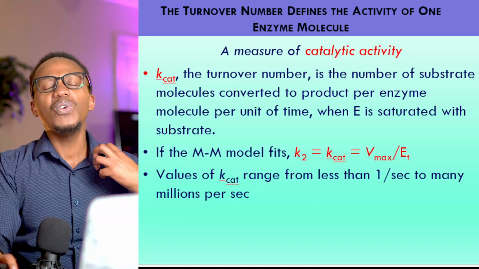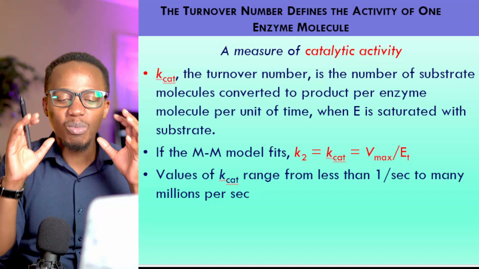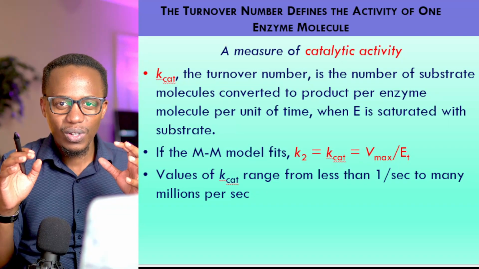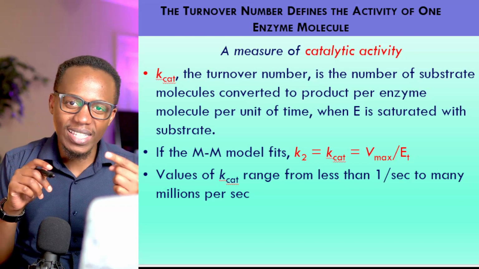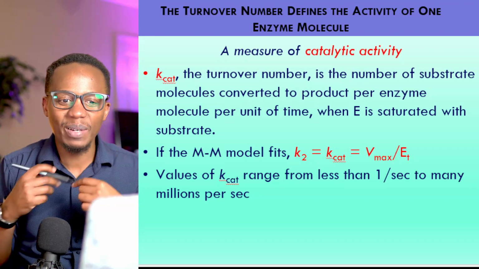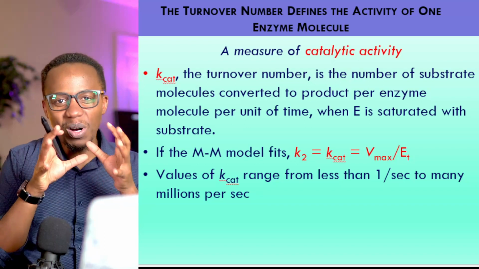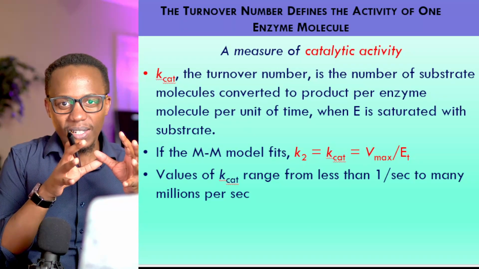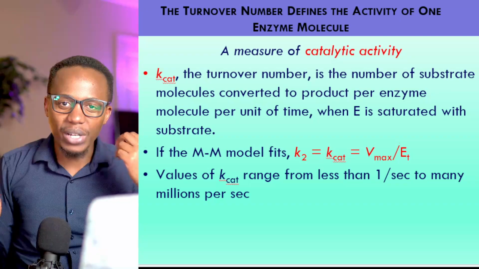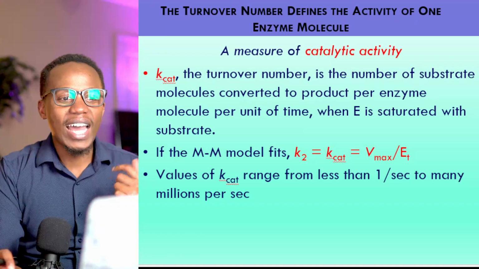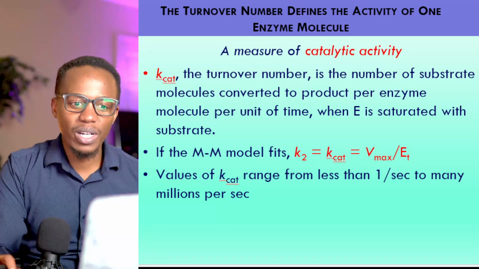It tells you how many substrate molecules are converted into products per enzyme per unit of time. Right? How many molecules of substrate are turned into the product per enzyme per unit of time. That is Kcat, catalytic activity or turnover number.